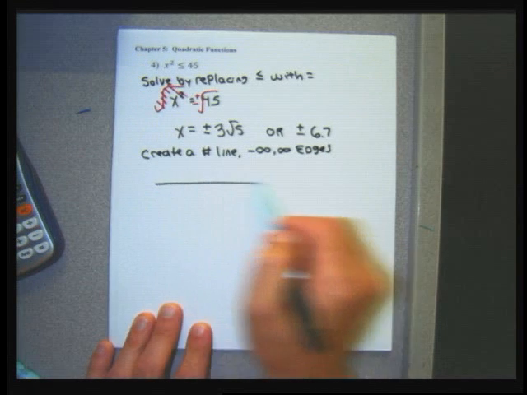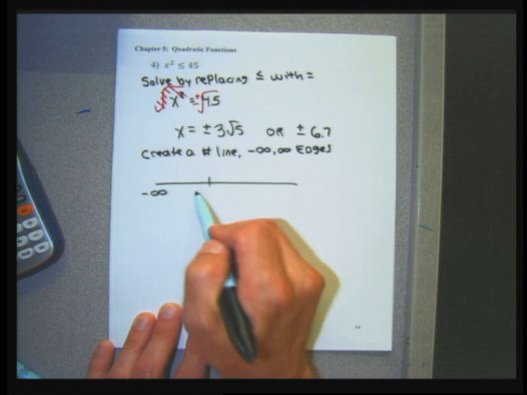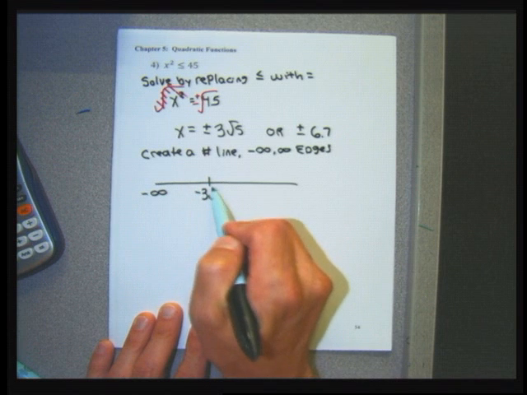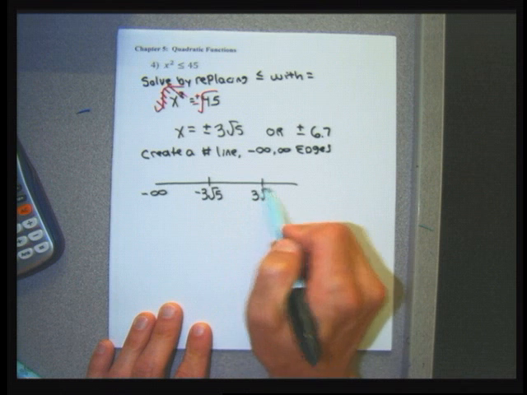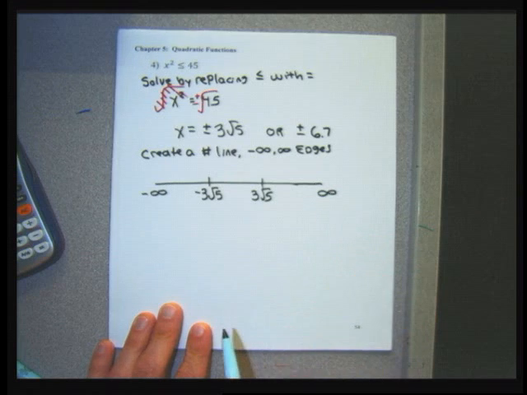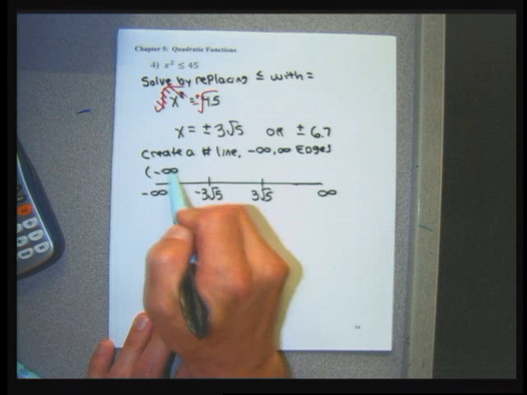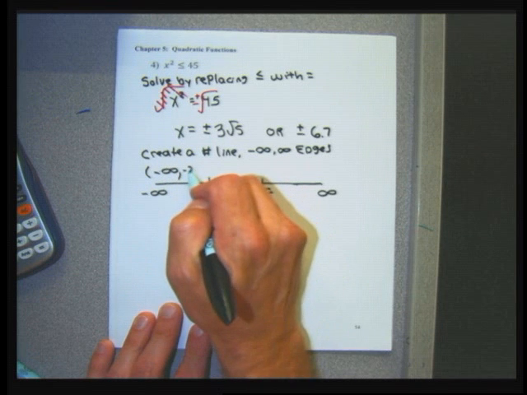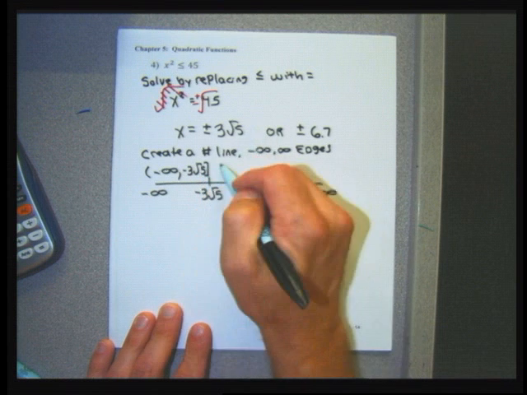So my number line is going to go negative infinity, negative 3 square root of 5, positive 3 square root of 5, positive infinity. Create my intervals. Infinities always get round brackets, and the numbers get square brackets when there's a less than or equal to. So I'm going to get square brackets again.